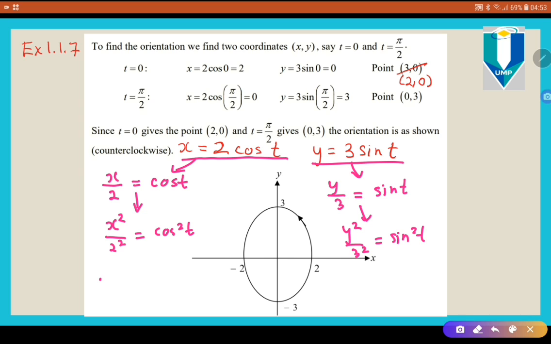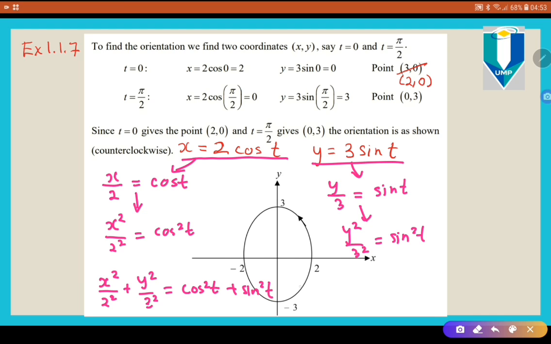And if we add those two equations, we will get x squared over 2 squared plus y squared over 3 squared equivalent to cos squared t plus sin squared t.